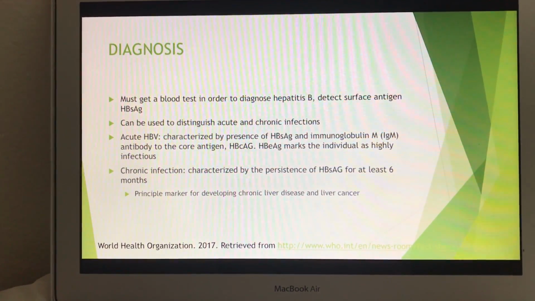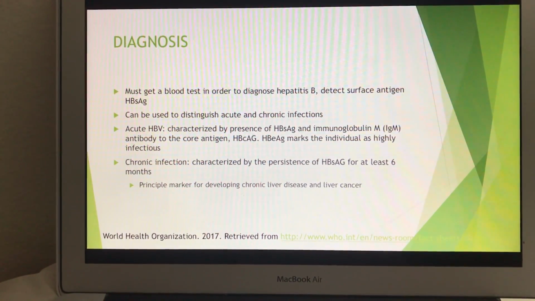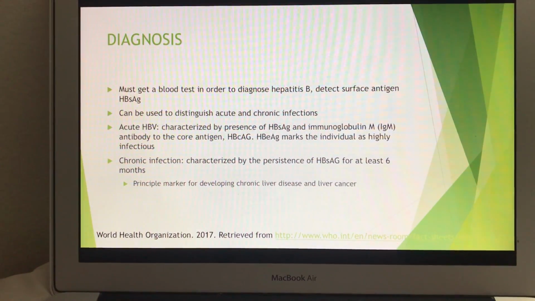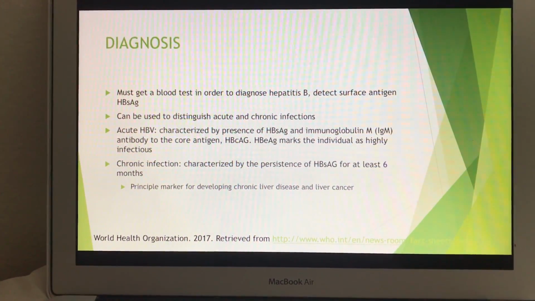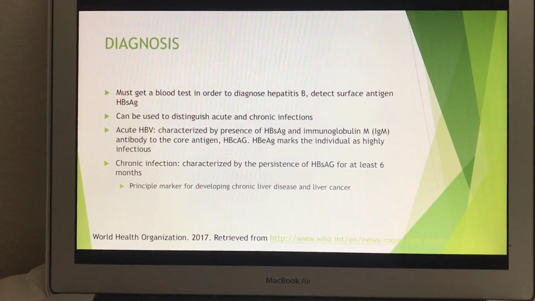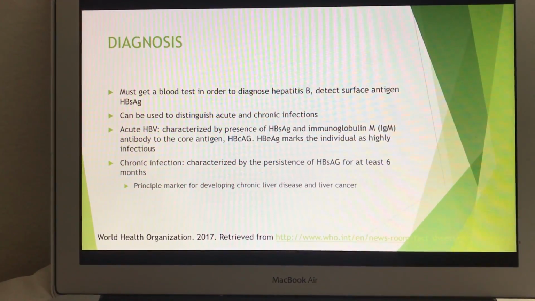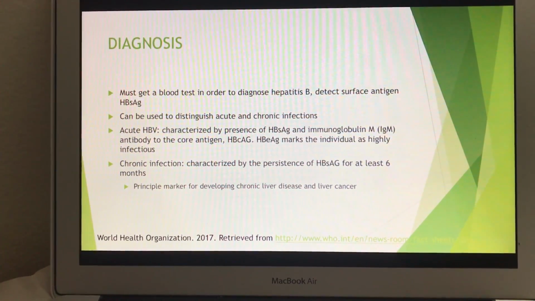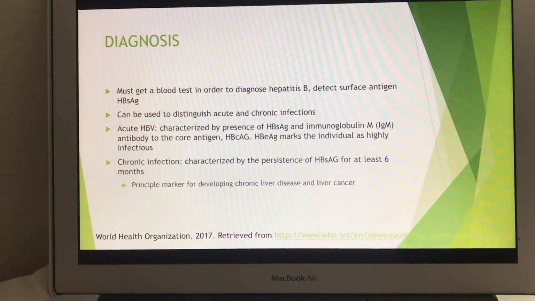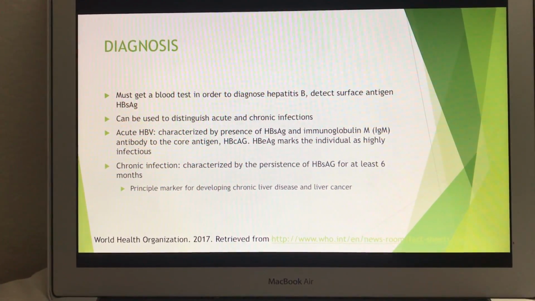In order to get diagnosed with hepatitis B, you must get a blood test in order to detect the surface antigen HBsAg. The blood test can be used to distinguish whether it is acute or chronic infection. Acute hepatitis B virus can be categorized by the presence of HBsAg and immunoglobulin M antibody to the core antigen HBcAg.